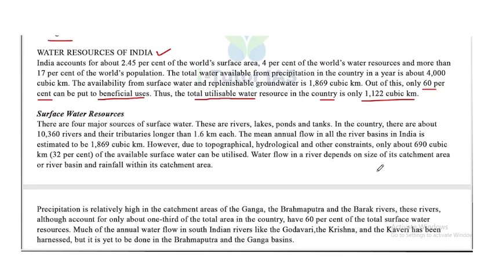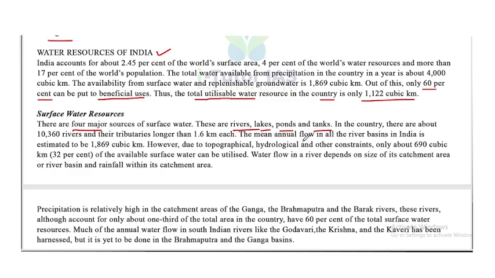Next one is surface water resources. There are four major sources of surface water. These are rivers, lakes, ponds, and tanks. In the country, there are about 10,360 rivers and their tributaries longer than 1.6 km each.